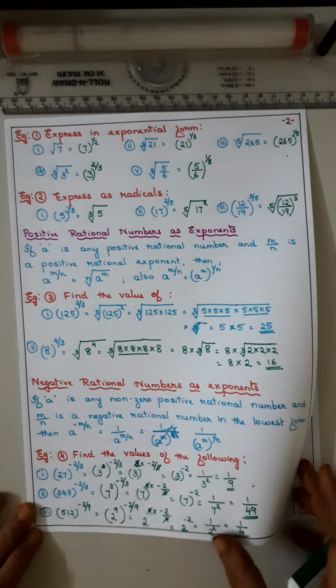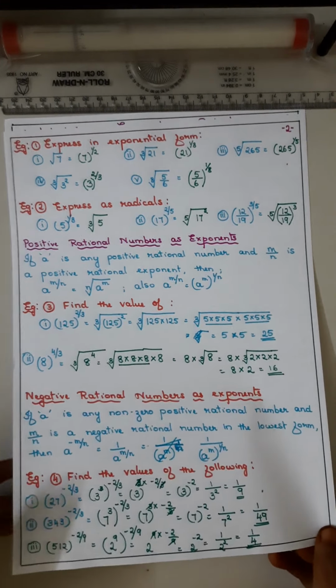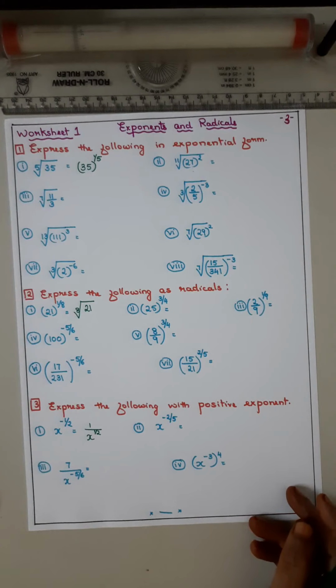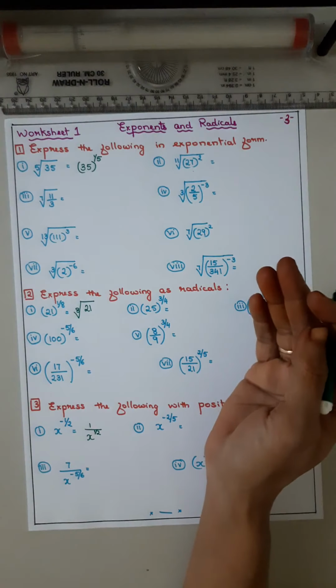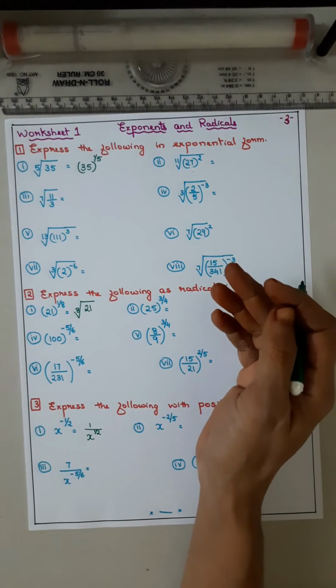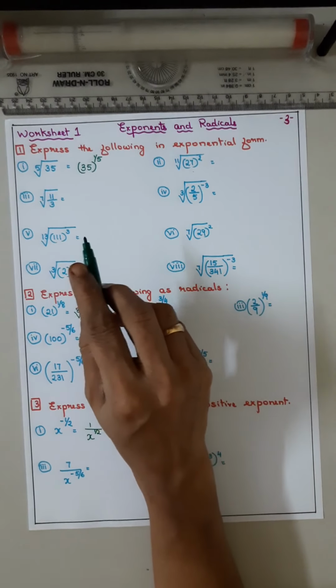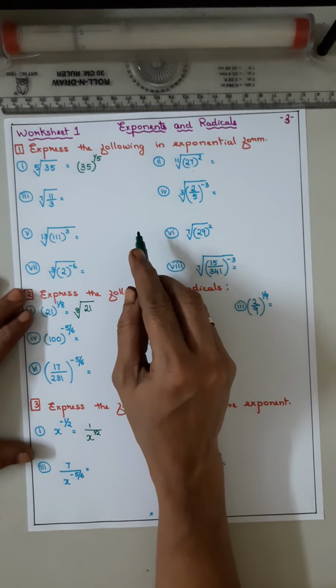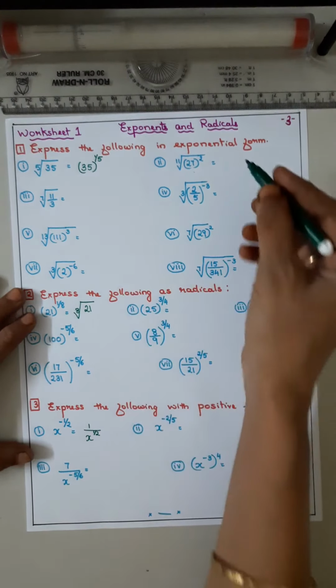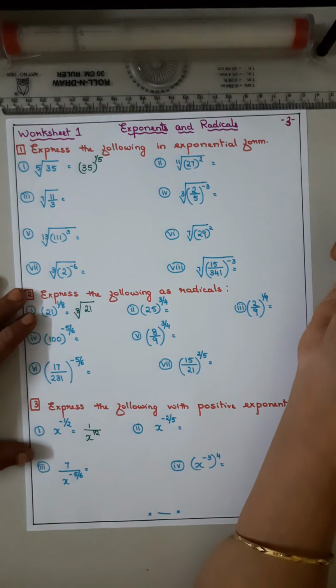This was about example 4. Now coming to worksheet 1. Express the following in exponential form. So radical form is given, convert to exponential form. So the 5th root of 35 is written as 35 to the power 1/5. Now second, the 11th root of 27 squared.